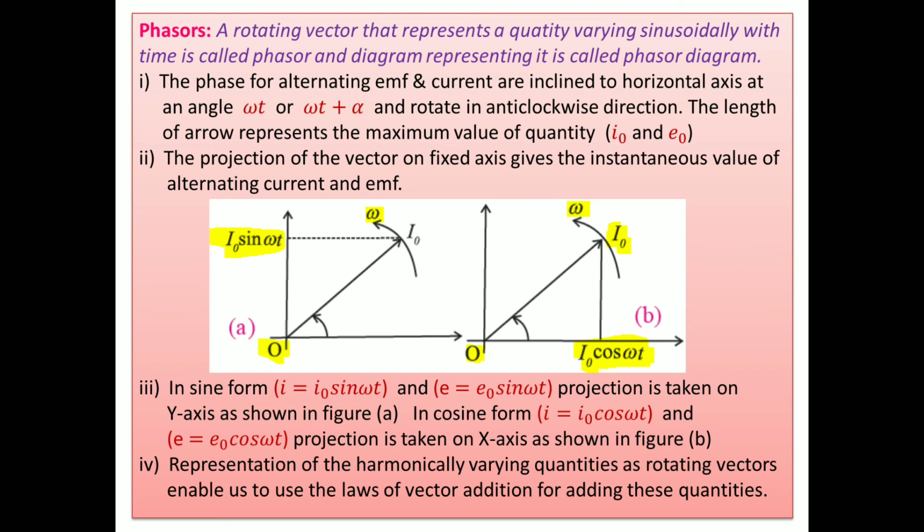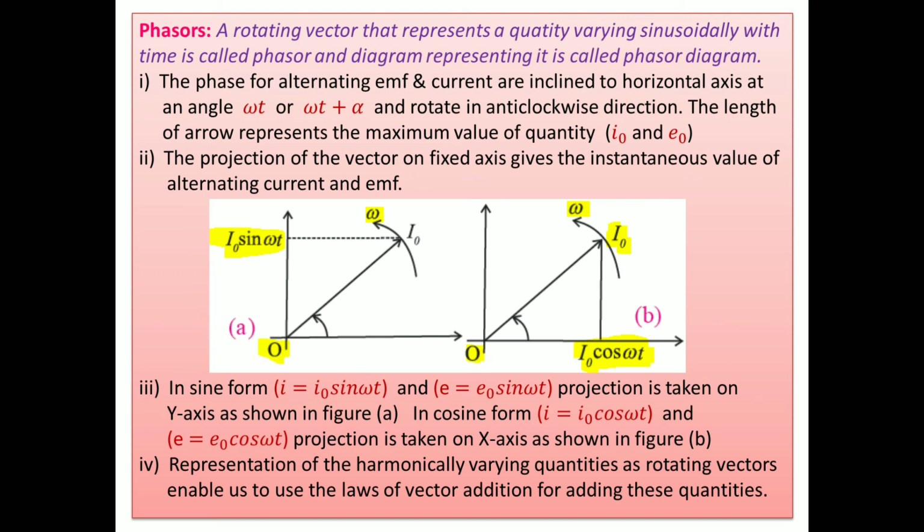Let us see in the figure, these phasor diagrams are shown. Once again, a rotating vector that represents a quantity varying sinusoidally with time is called a phasor, and the diagram representing it is called a phasor diagram.